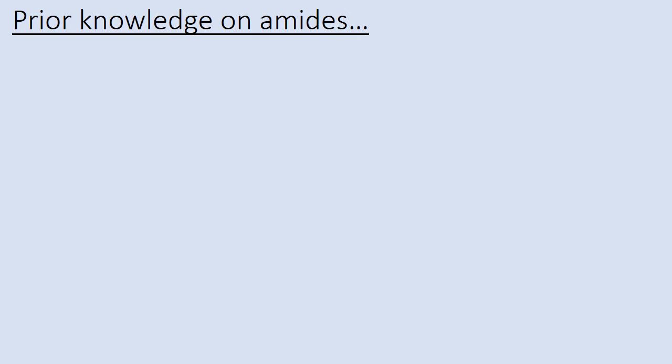So amides then. What's an amide? And again, we've seen amide links. That was an amide link. And we made amides when we did our acyl chlorides with ammonia or acyl chlorides with amines.